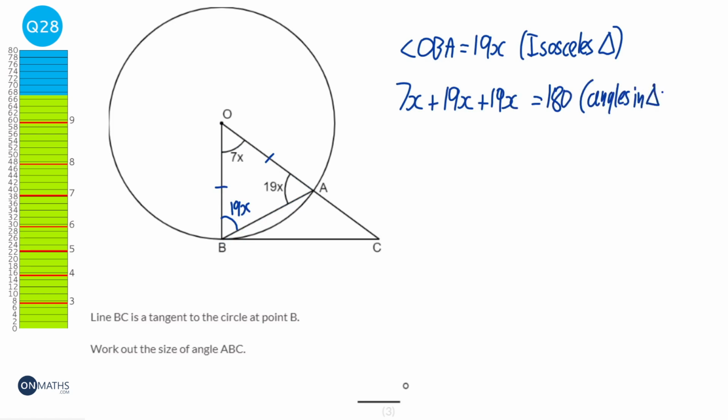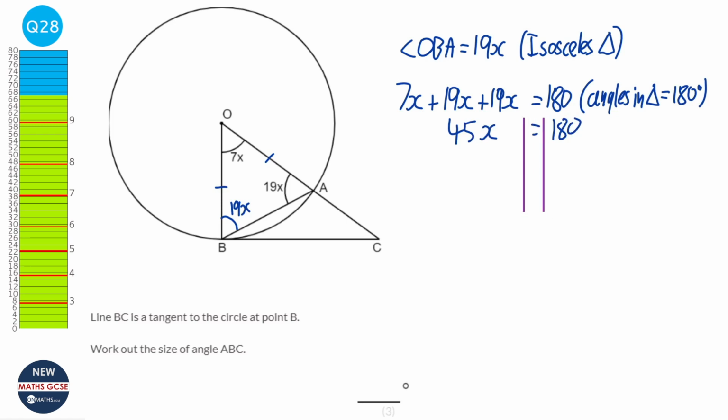Try and write out these reasons in full. Okay, so that's going to be 45x equals 180, and let's get our solving lines in, and we're just going to divide both sides by 45. So x equals 180 divided by 45, which is 4.